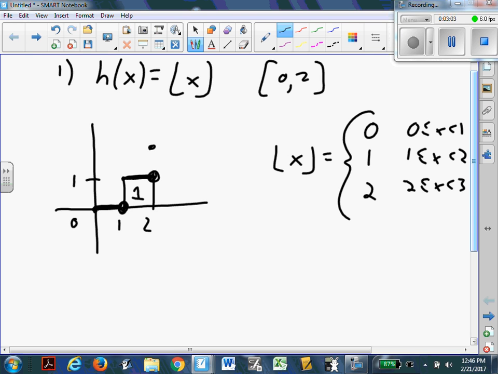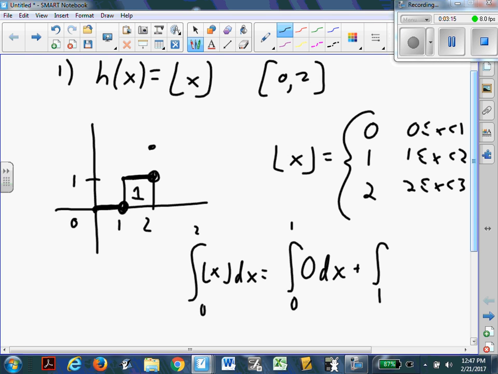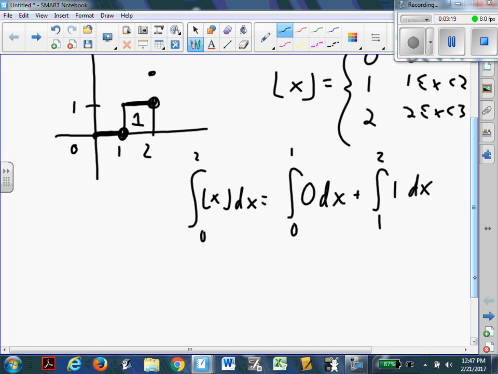So what we can do is when we take this integral, we can break it up piecewise from 0 to 1 of 0, and then from 1 to 2 of 1. And you're going to say, well, what about the very end point over here? Because there it jumps up. Well, that area underneath that 1 point is 0, because it has no width.